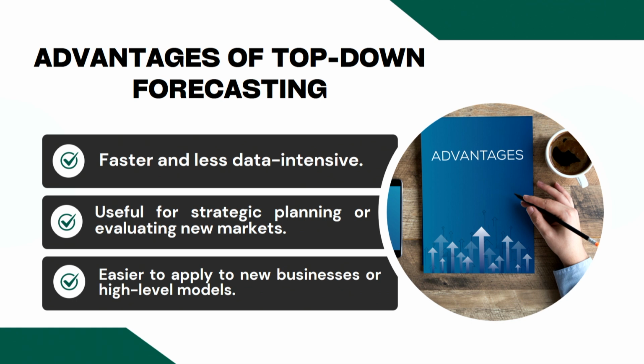Then the second advantage is that it is useful for strategic planning or evaluating new markets. When we are talking about new business entities, or companies who have started their business or are penetrating into a new market, this particular method is handy and fruitful to project the income of the company, because we are starting from macro orientation and ending with micro orientation, unlike the bottom up method, where we start from micro and end up with macro level orientation.